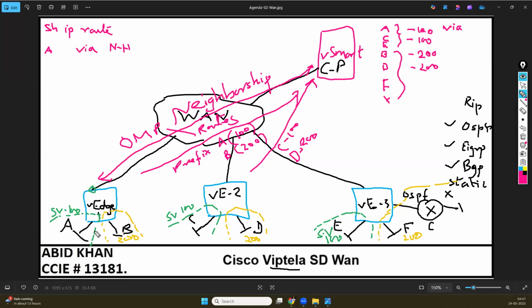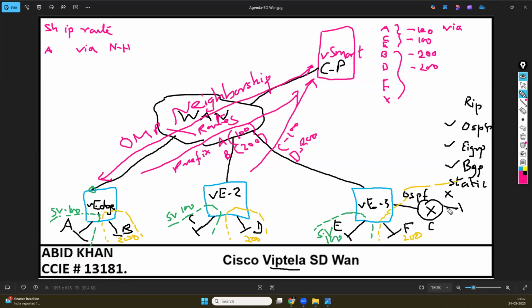Why do we have two segments? Because maybe we don't want them to communicate with each other. If I want A and B to communicate with each other, then they will be part of the same service VPN. Like if you see here, F and X, I put them in the same service VPN. So by default, what will happen?